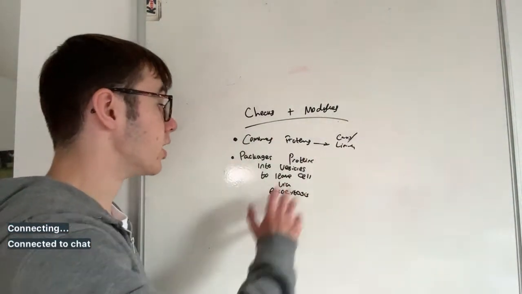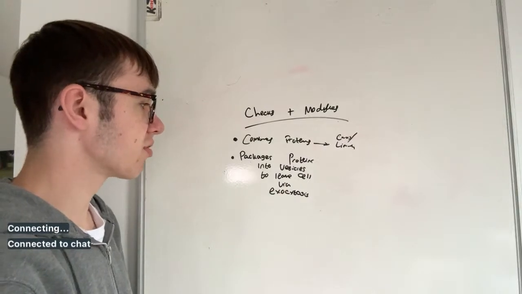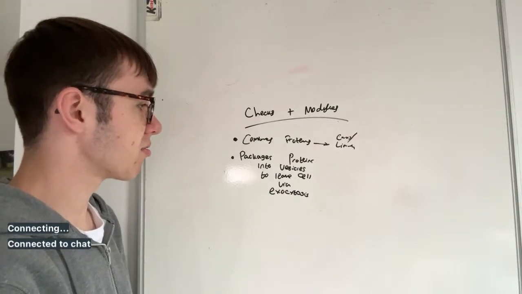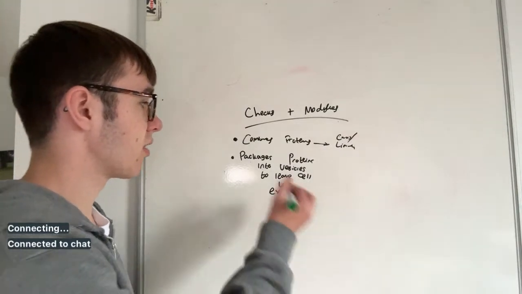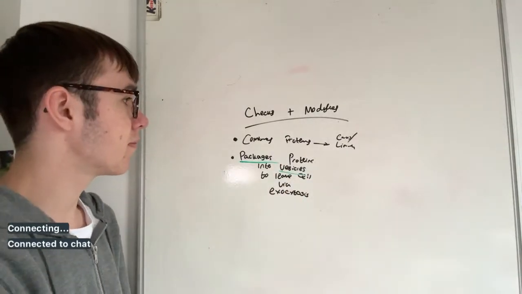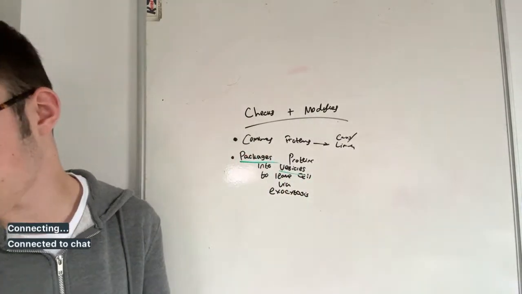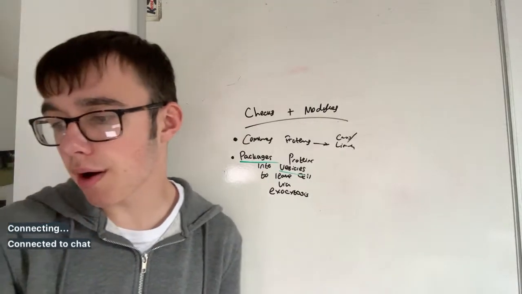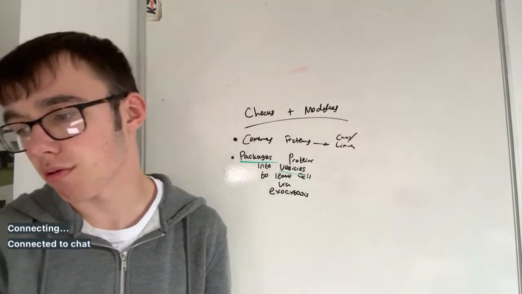So I went way overboard here. Packages proteins into vesicles so they can leave the cell. That would have been a mark. That would have been a mark if I split them. That wouldn't have been a mark, I don't think. Oh, adds carbohydrate to, adds lipid to.